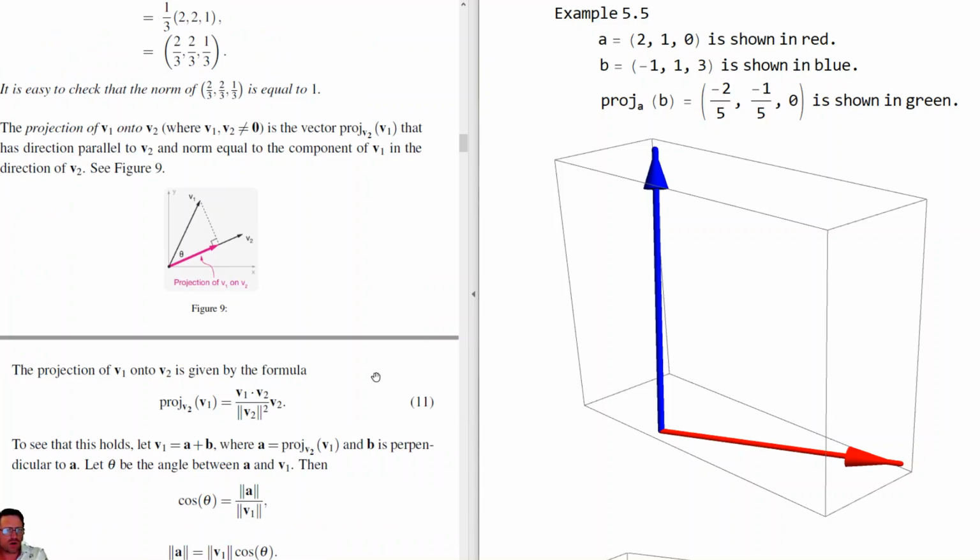All right, so now we're going to look at a new concept called the projection vector, or the projection of v1 onto v2. Let's have a careful look at this diagram here.